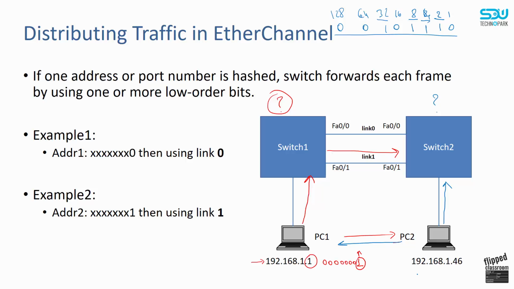So it will be 0, 0, 1, 0, 1, 1, 1, 0, and as a result the last bit, which is equal to 0, will define through which port switch 2 will resend this frame. So our frame will be resent by using this link, in case we are using source IP address in distribution of the traffic through the EtherChannel.